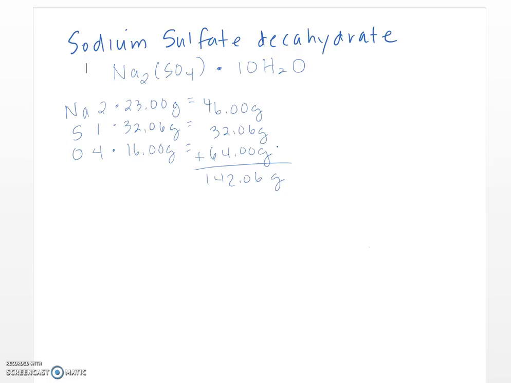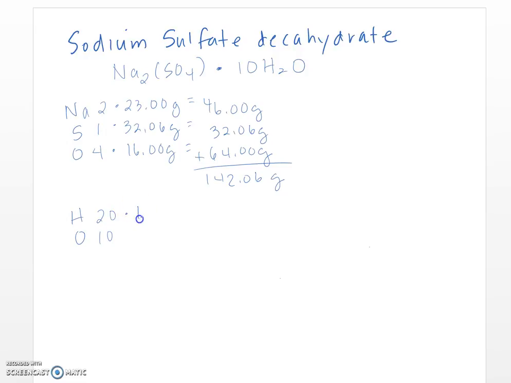But I still need to do the weight of the decahydrate because that's part of the compound. And yes, I could list all of them together and get one total, but because I'm going to need the weight of the water individually, it makes sense to do them separately because ultimately it will be less work later on. So I have my water, and so it's H and it's O. And I have 10 times 2, or I have 20 hydrogens, and I have 10 times 1, or I have 10 oxygens.